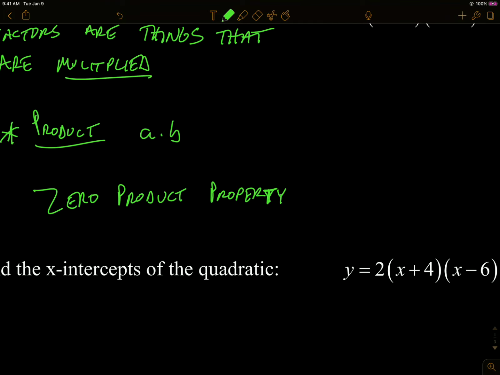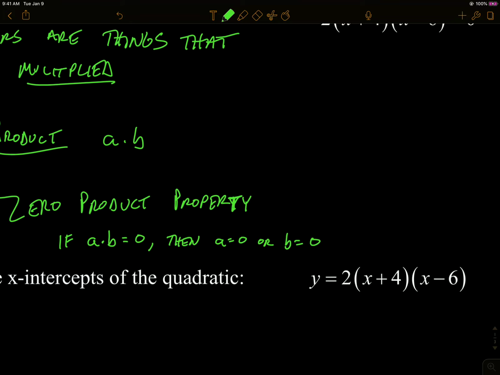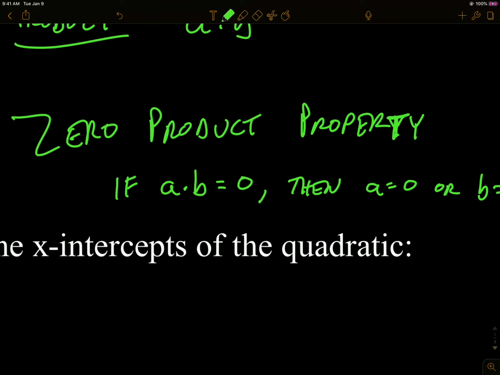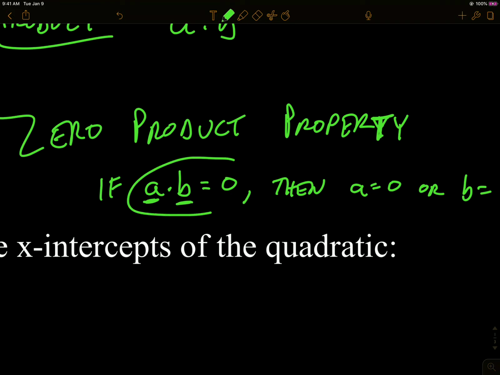The zero product property says that if two products, that means two things multiplied together, equal 0, then the first one has to be 0 or the other one has to be 0. So either one of the products needs to be 0, one or the other. Whenever I have two products, I have potentially two solutions to this entire equation.